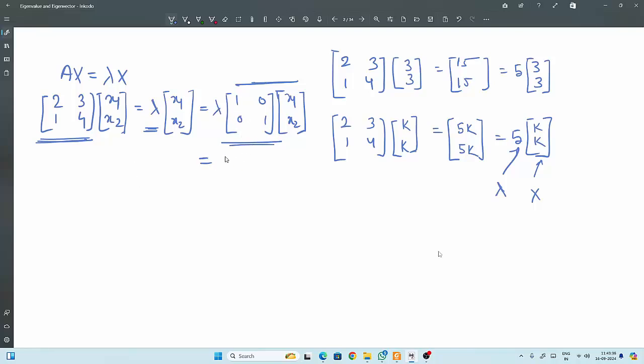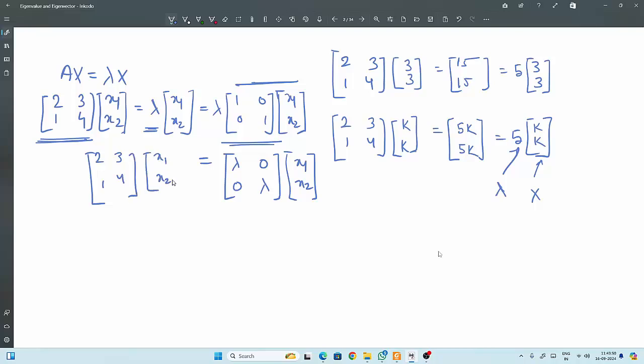So now multiply the lambda with that, and you will get lambda 0, 0 lambda, and then there will be x1, x2. Now the left hand side and right hand side look the same. So it is 2, 3, 1, 4 and x1, x2. Now I can subtract it.